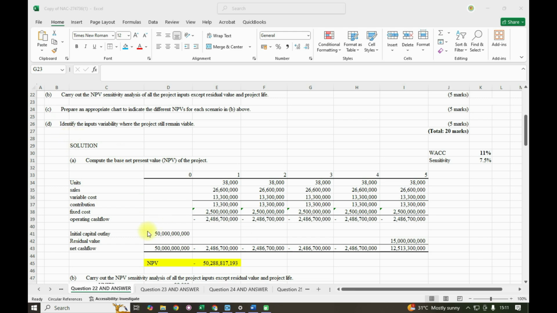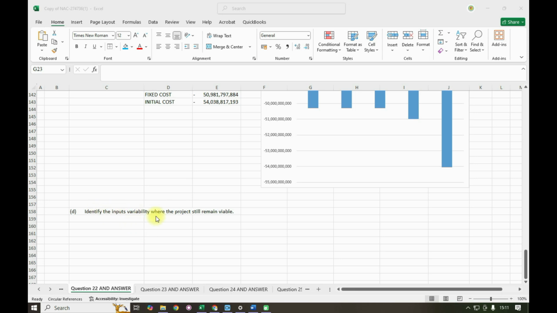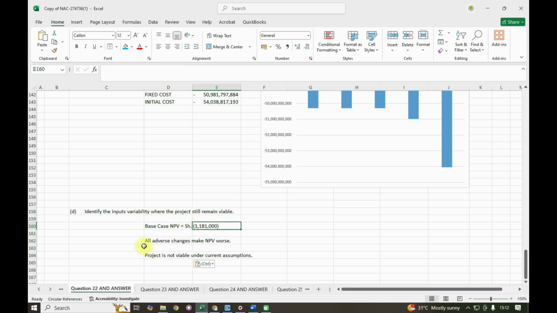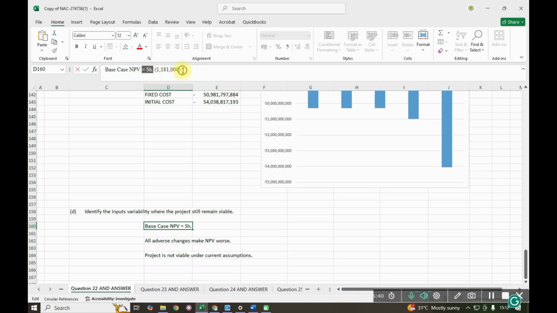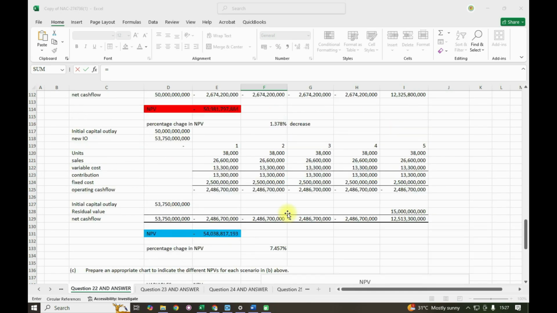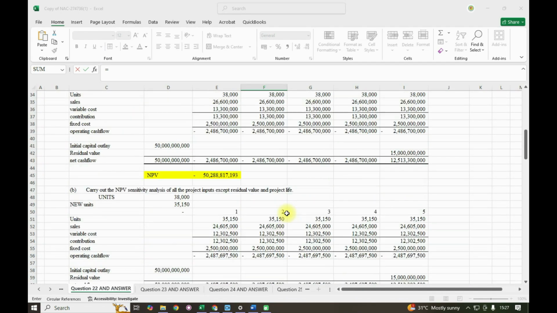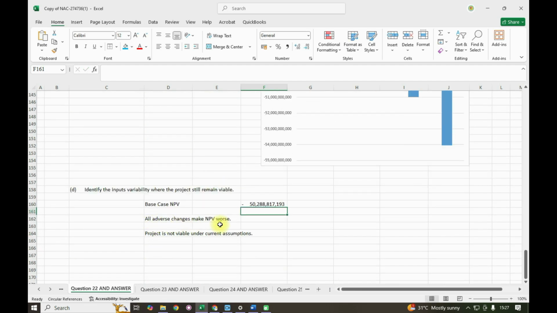So for the last part D, where we are told to identify the input variability where the project remains viable, remember, under all situations, here you can paste and say that under the base case it was negative, and all adverse changes make NPV worse.